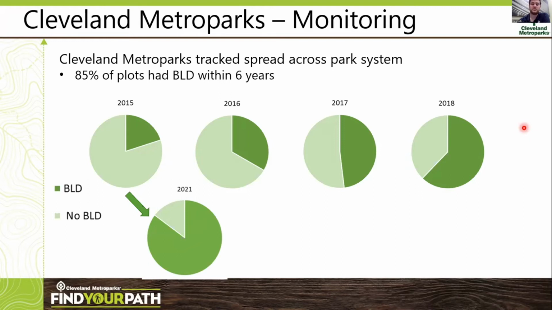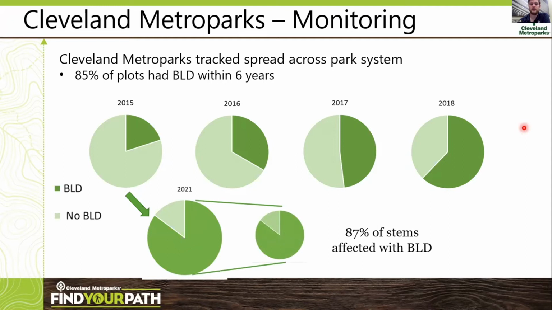And this is not just one leaf, one stem in a plot. This is 87% of the stems in those plots are affected with beech leaf disease. So it is very difficult to escape this nematode or this beech leaf disease.